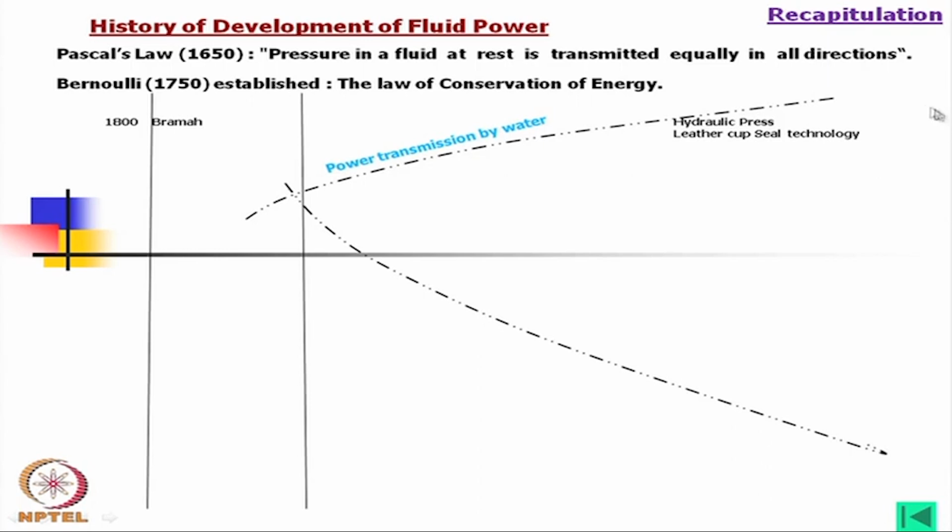Now, if we think in that way, power transmission by water was being utilized in 1800, and gradually it decreased, and then perhaps oil hydraulics and pneumatics came. And if we look year-wise, after about 100 years, the first idea of alternating flow hydraulics was proposed by Constantinescu, but it was not that popular.